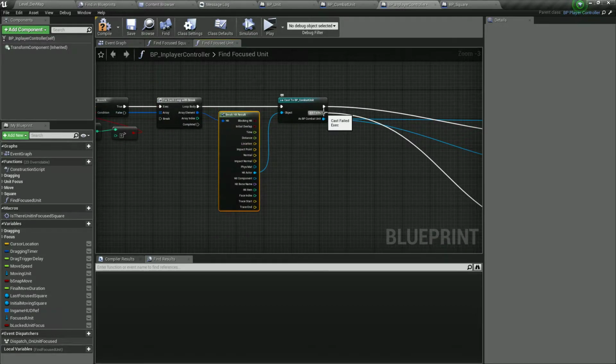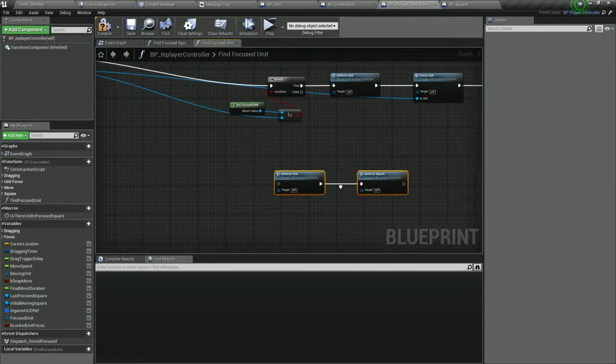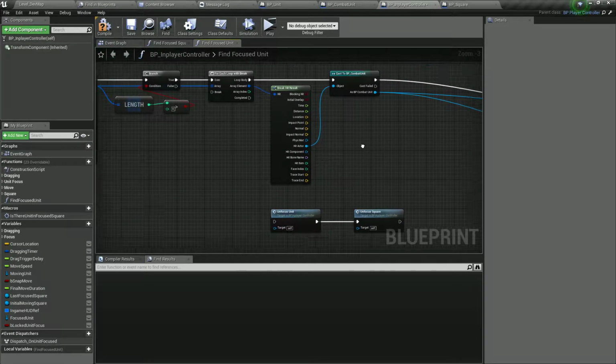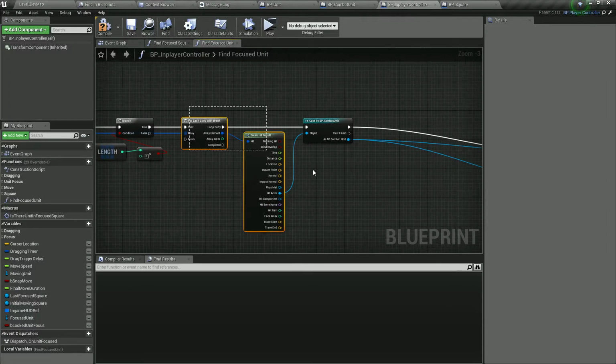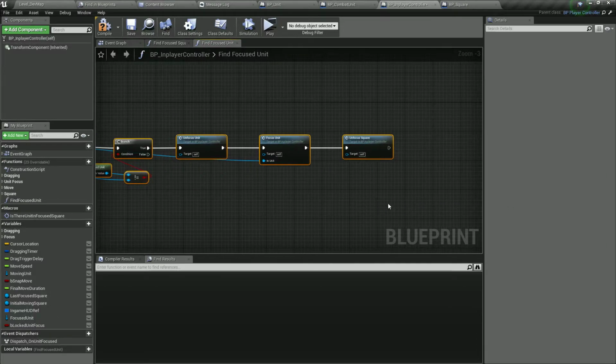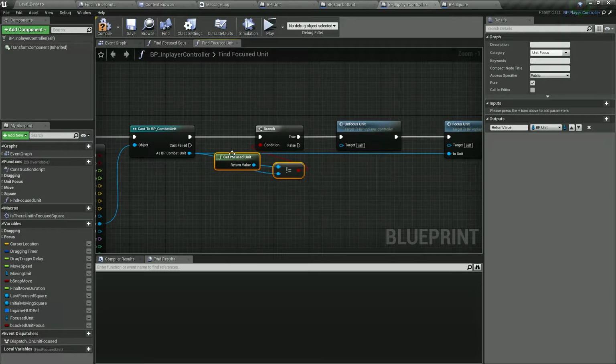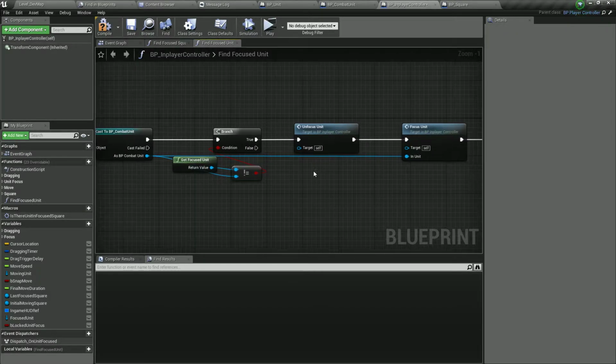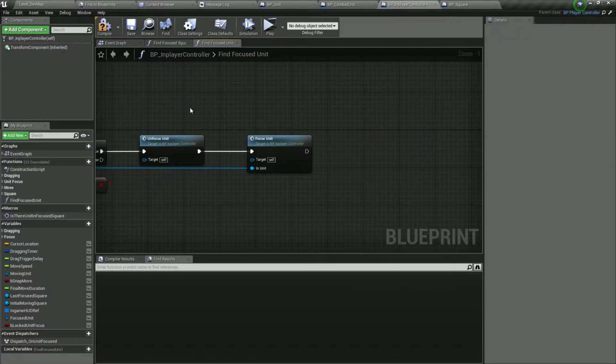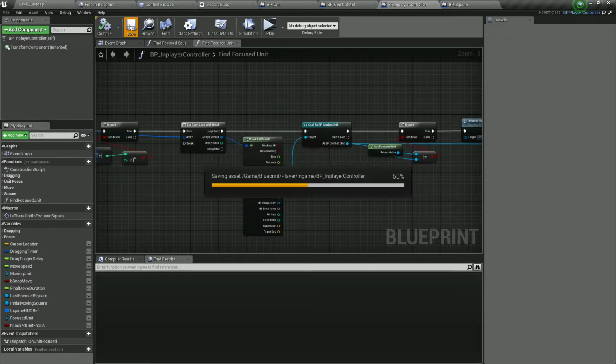So if this is not a combat unit, we're not going to do anything for now. If this is a combat unit, and this is a different unit than the one we're focusing right now, we want to unfocus and focus, and we don't want to do anything regarding squares.